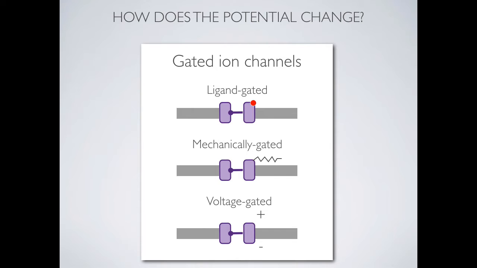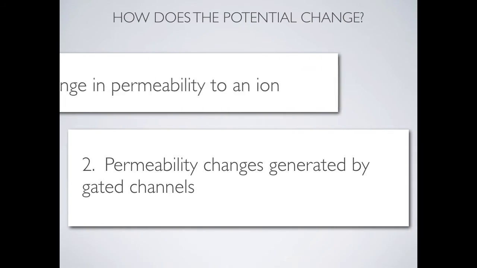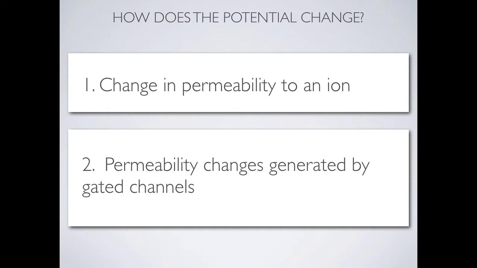They're pulled on and they open up and increase permeability as a function of tension in a cellular membrane. Those are mechanically gated channels. And then there are voltage-gated channels where the voltage of the membrane potential influences whether or not that channel is open or shut. So in response to this question that we posed last time, how does the potential change? That's facilitated by changes in the permeability to an ion, and this is facilitated by gated channels.